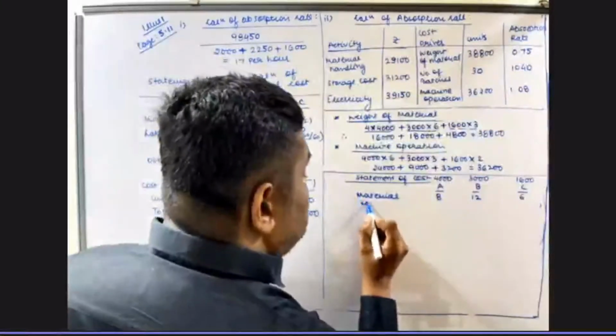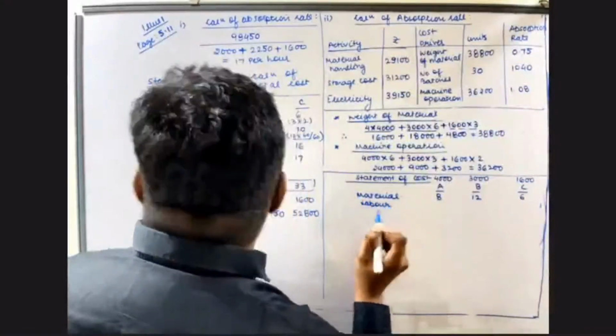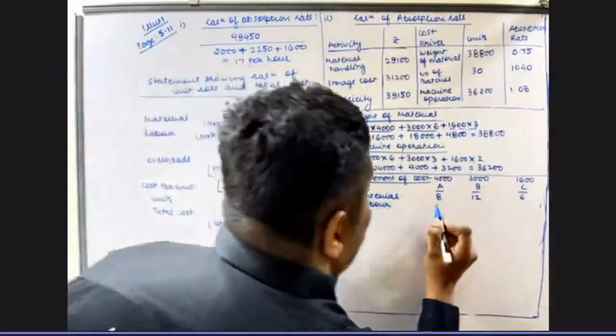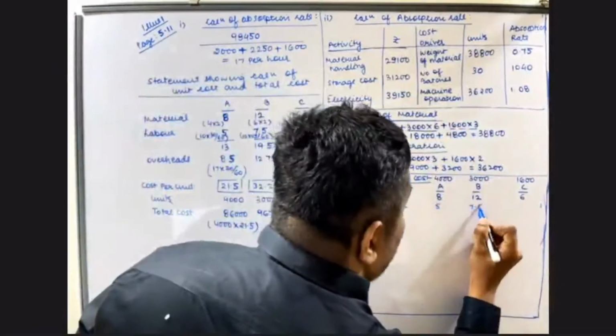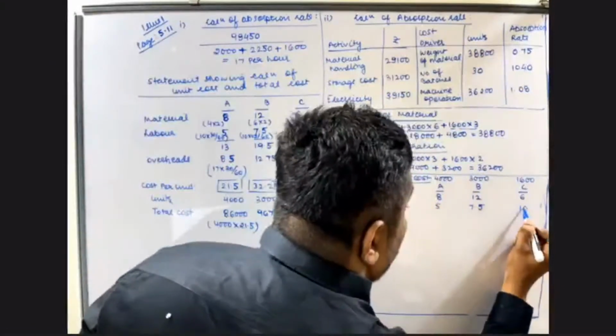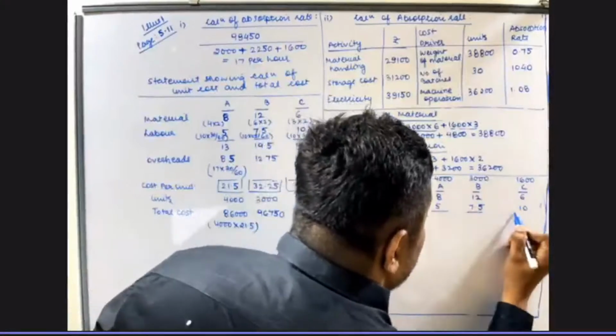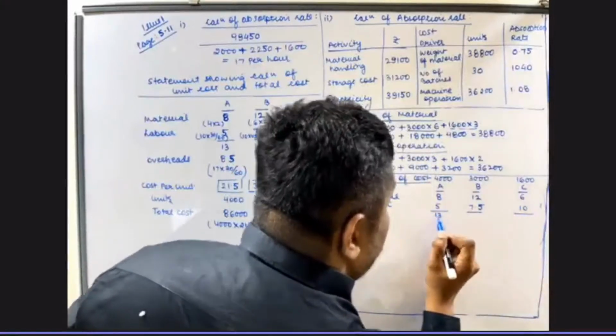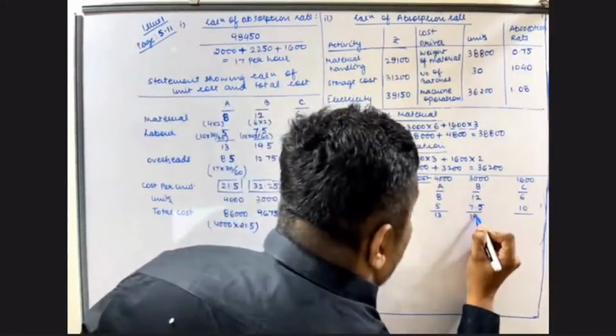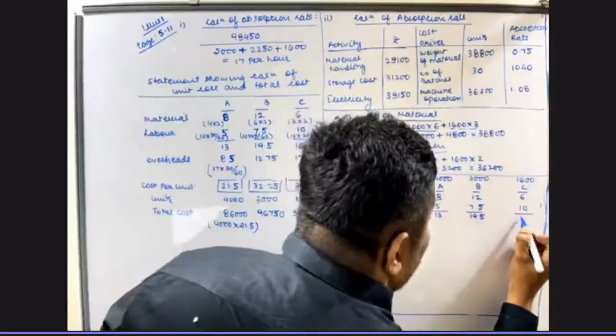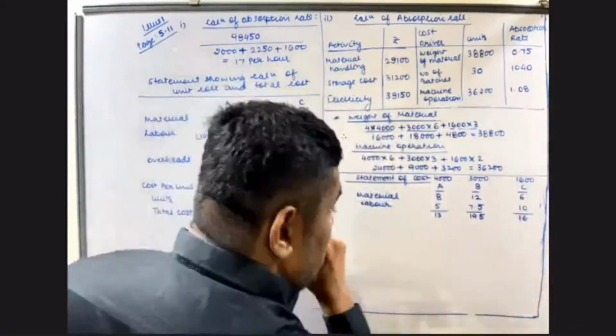The labor cost is 5, 7.5, and 10. So the total prime cost is how much? 8 plus 5, 13, 19.5, and 16.